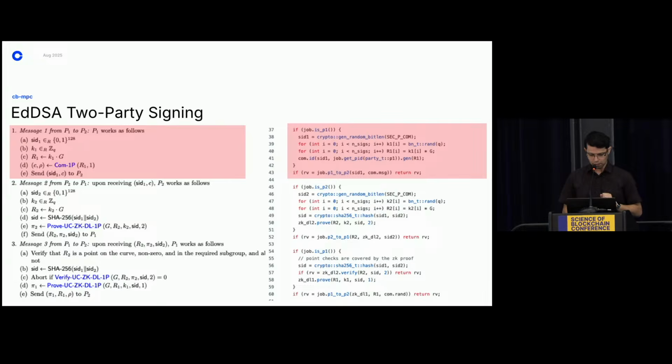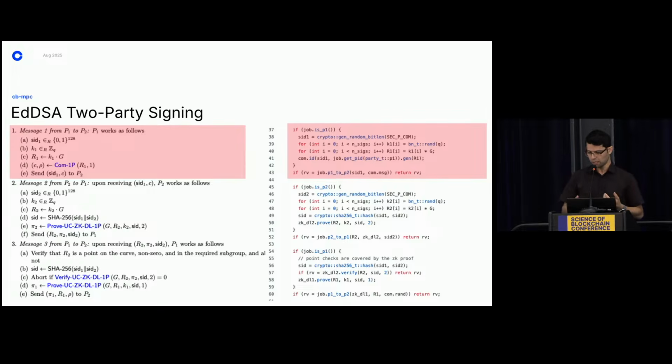This is essentially the last part of my presentation, and I'm going to show side by side how our specification and code compare. On the left-hand side, you see the specification for EdDSA two-party signing, and on the right-hand side, you see the corresponding code. What I want to point out here is how easy it is to read the code and match it to the spec.